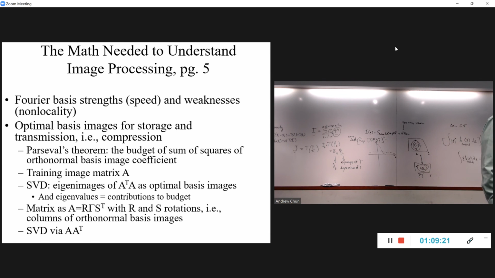And if you took the average sum of squared differences between the training images and their representations, you got a new set of basis images, which were eigen images of A transpose A, where A was the training data matrix after subtracting its mean over the collection of training images.